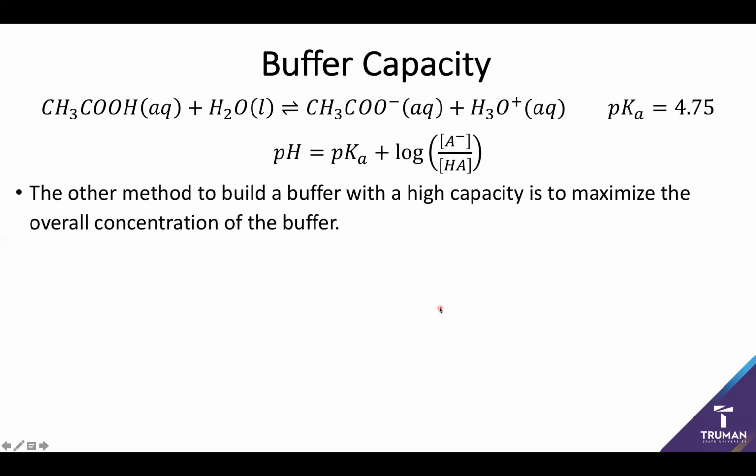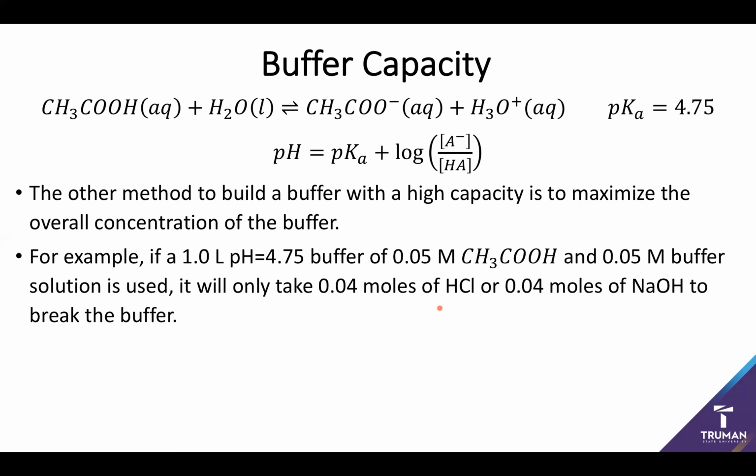The other way you can break a buffer or change its capacity is by changing the overall concentration of the buffer. Previously we had a 1 molar buffer solution, which is pretty strong. What would happen if I made that buffer a little bit less concentrated? What if I had that 1 liter, but now instead of a 1 molar overall concentration, I have a 0.1 molar concentration?